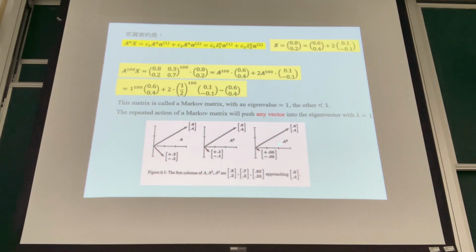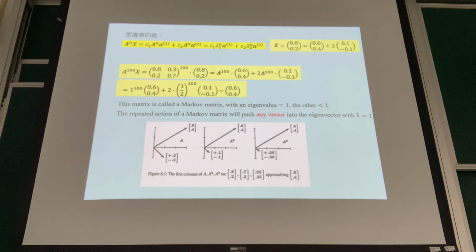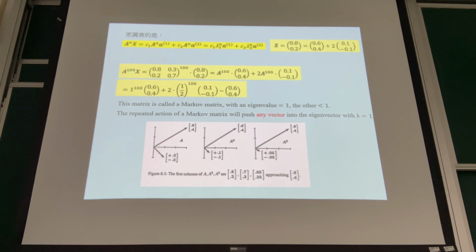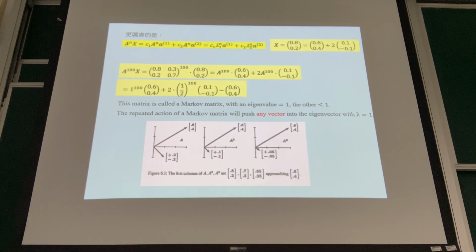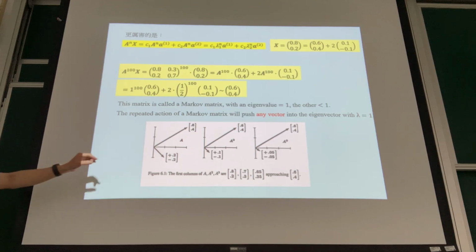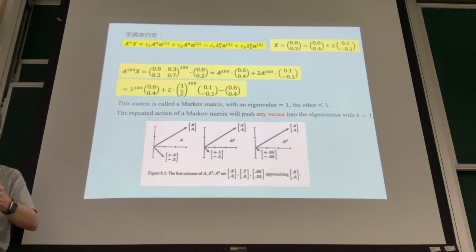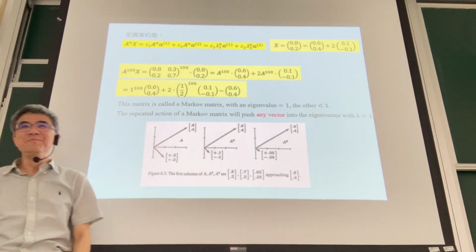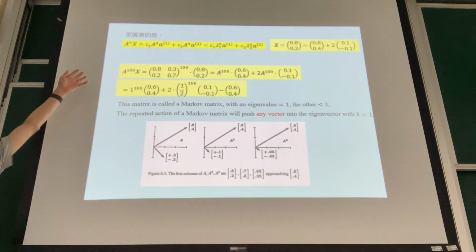So that's the Markov chain. One of the eigenvector components will disappear when you multiply any vector by A: it becomes smaller, shorter and shorter, while the other vector remains the same. So this is a simple example.